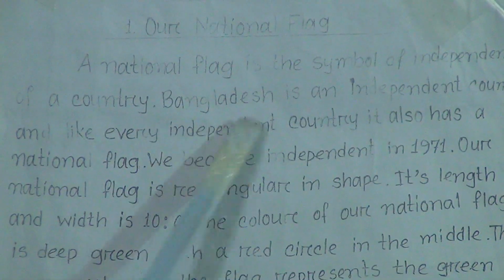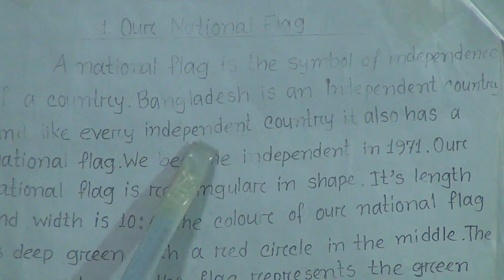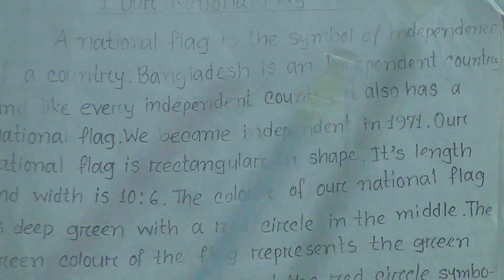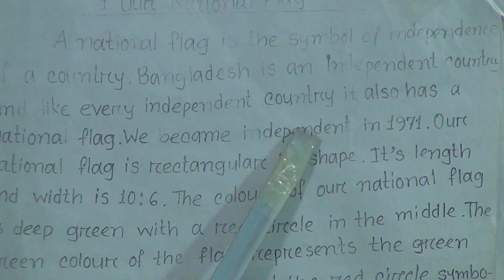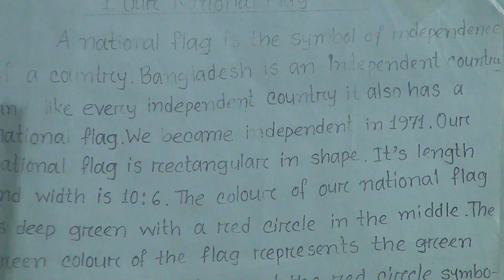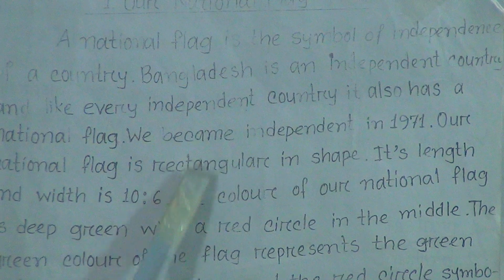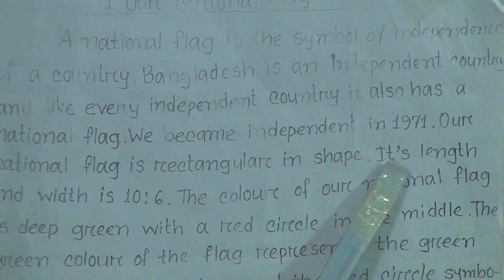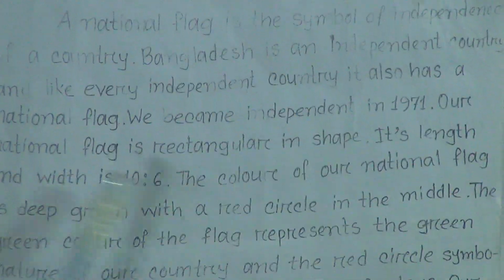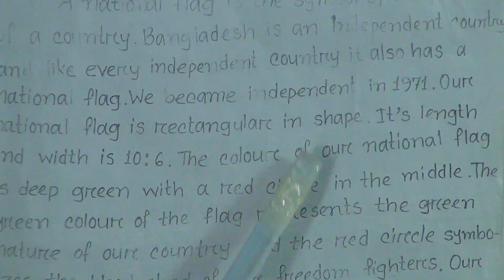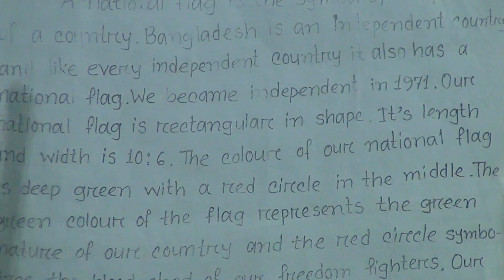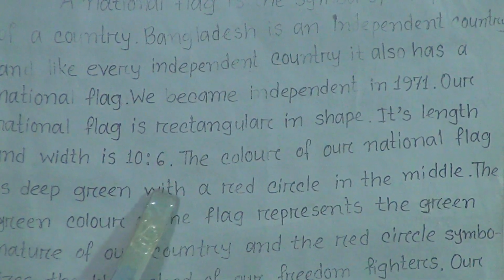A national flag is the symbol of independence of a country. Bangladesh is an independent country, and like every independent country, it also has a national flag. We became independent in 1971. Our national flag is rectangular in shape. Its length and width is 10:6.